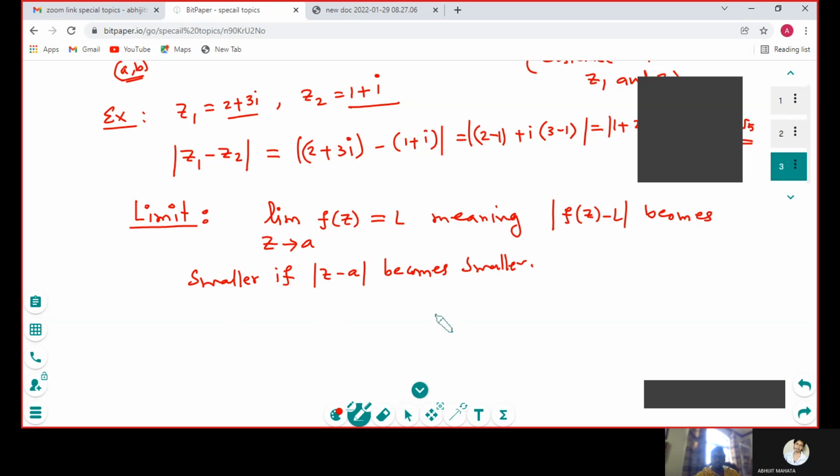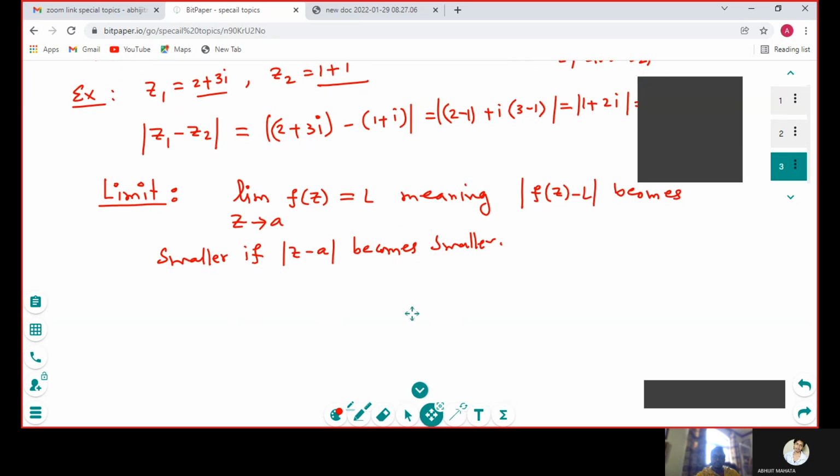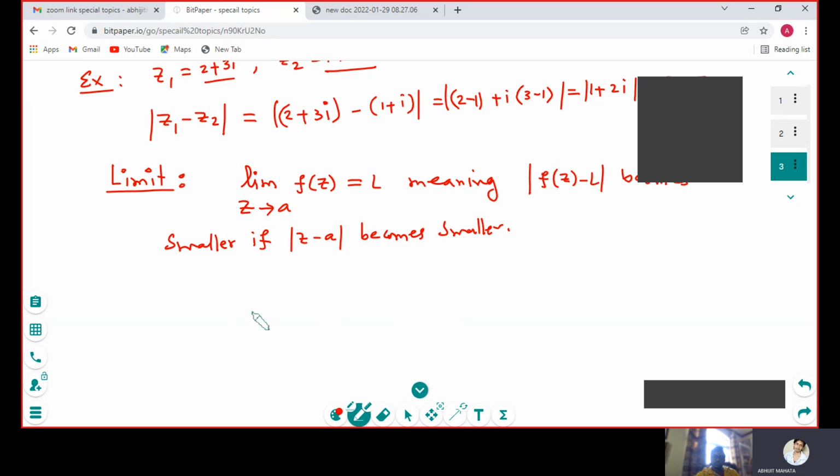Right, so all the theorems are true for complex valued functions. Whatever limit theory you have, it is all true here. I'm not writing it again.